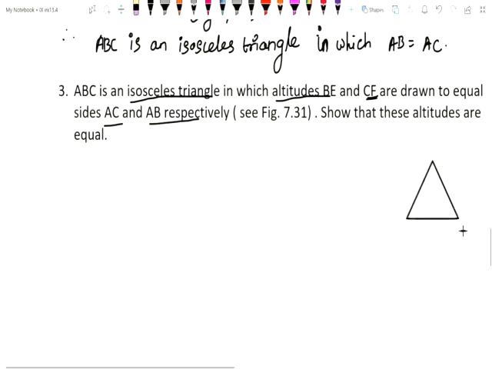So what is given? ABC is an isosceles triangle, in this BE and CF are altitudes.